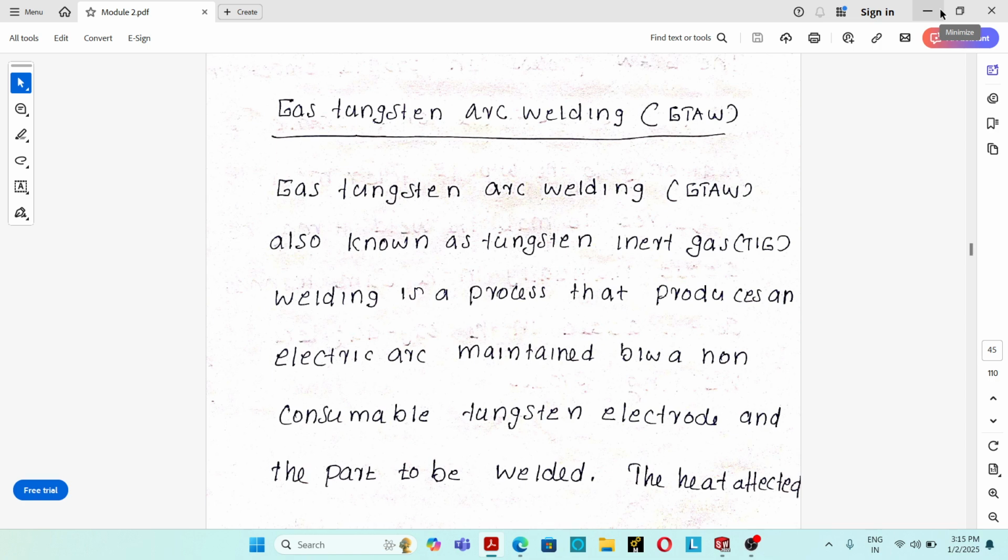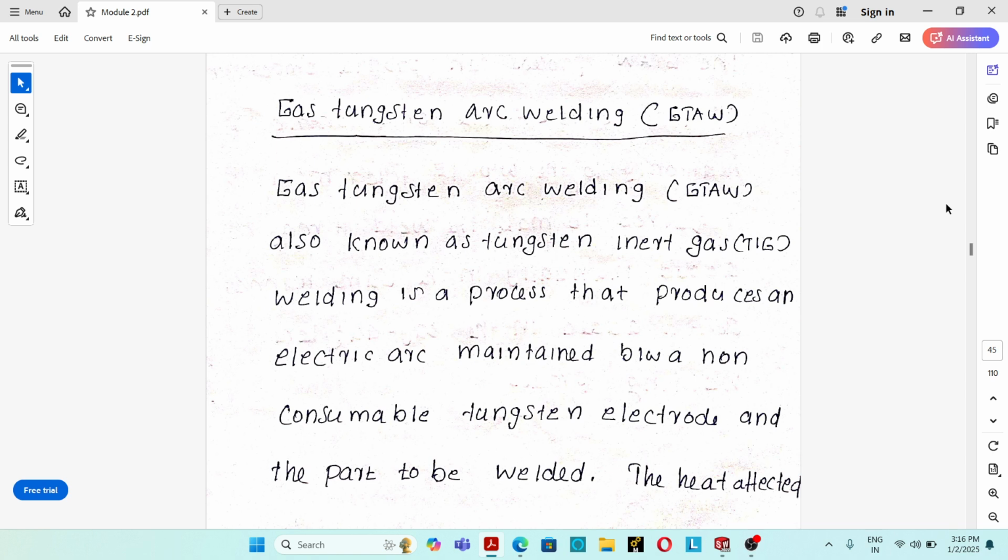The gas tungsten arc welding process is also known as the tungsten inert gas welding process, TIG welding process. Tungsten inert gas welding process, TIG welding process or gas tungsten arc welding process, GTAW process, all are the same.